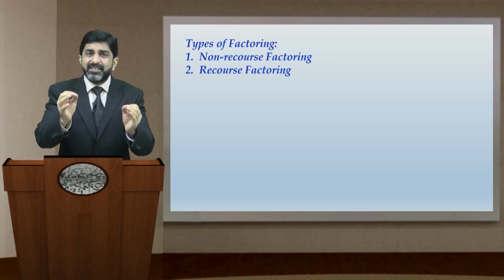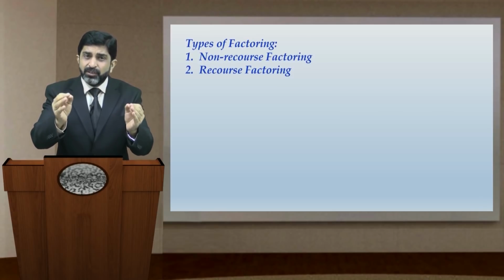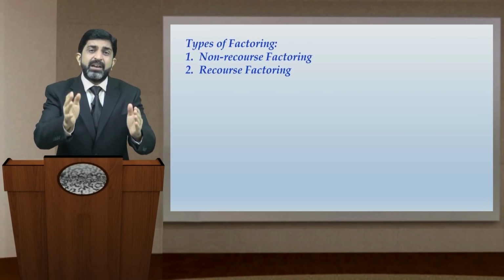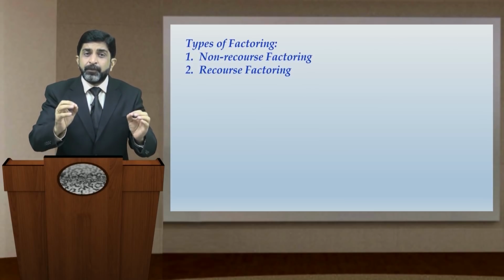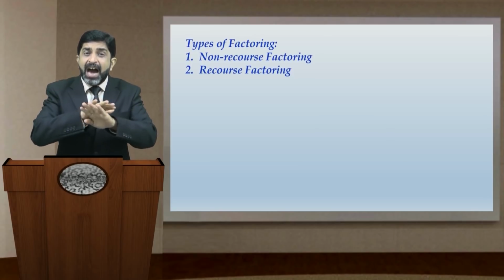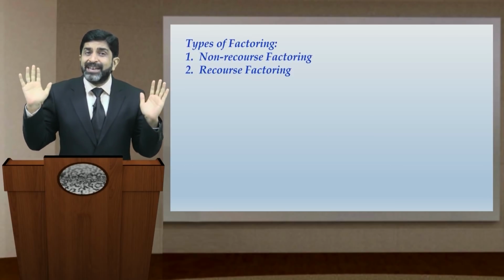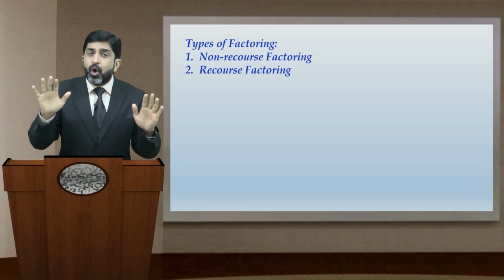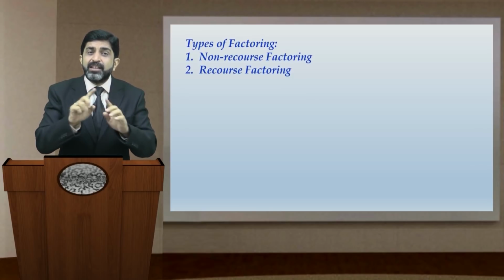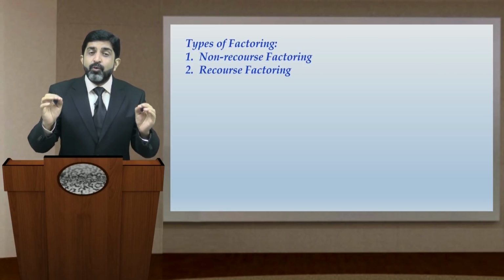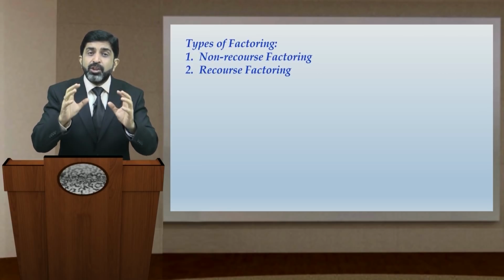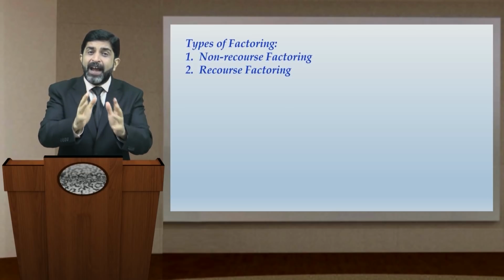I ask the factor, boss, you have been given the responsibility of making collection. If you cannot make that collection, it is your problem. I am offering no alternate course. If I am offering no alternate course, that means there is no recourse. Non-recourse factoring would eventually put the burden of bad debts on the factor.